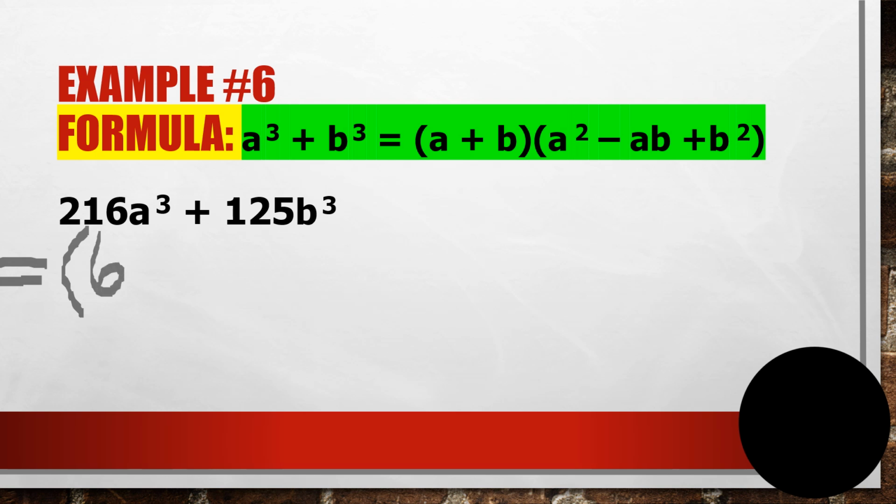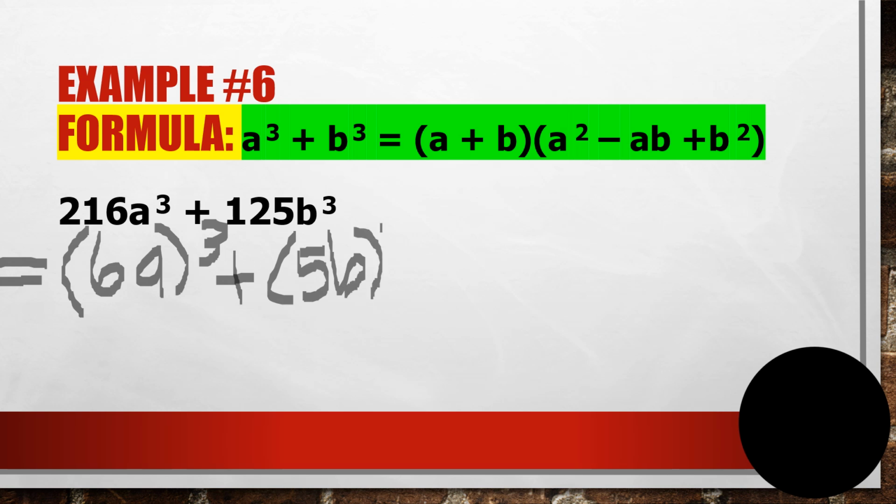And then we have here the variable a, close, raised to the power of 3 plus the cube root of 125 b cubed equals 5b, and then raised to cube. Okay, after that one, we can now follow the rule. This will be our a and our b.